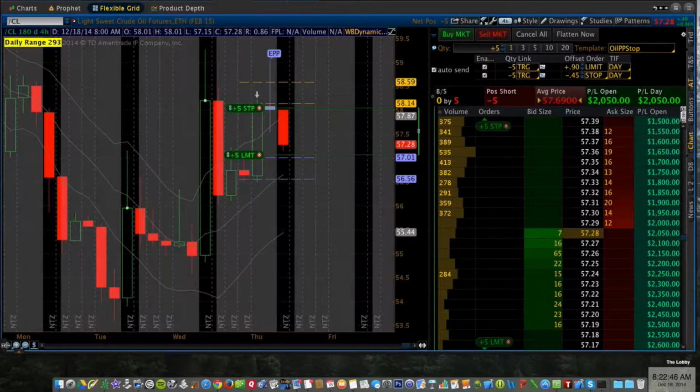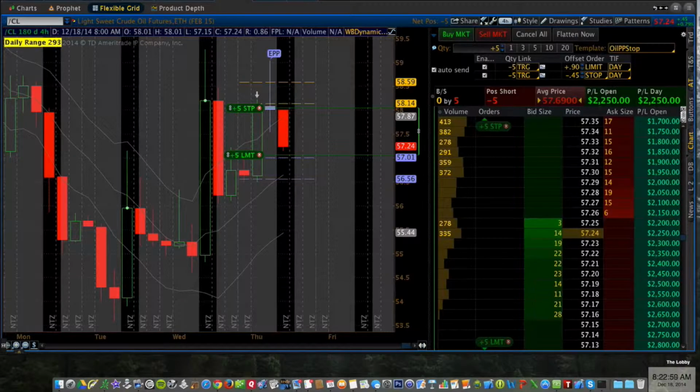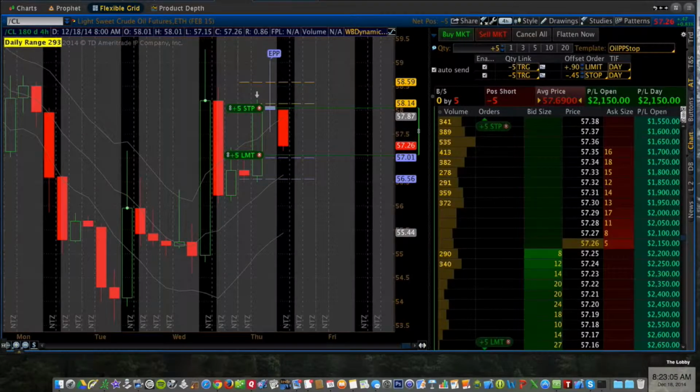The magnitude of the moves up and down and how dramatic and volatile they are is truly terrifying.